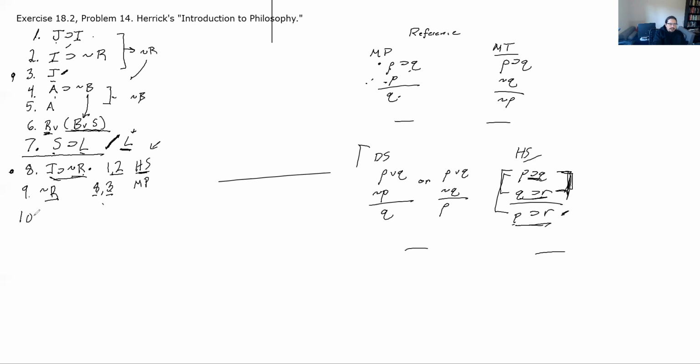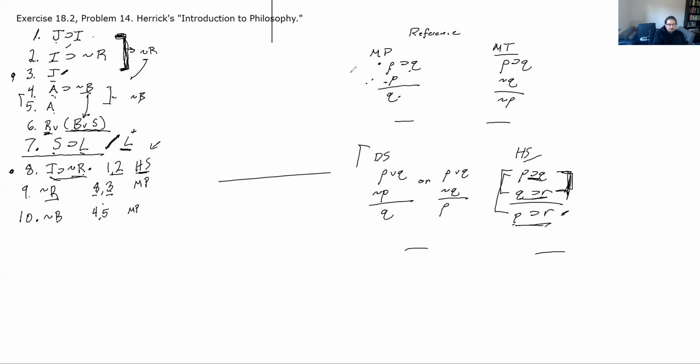Moving on, 10. So we've gotten to a dead end with not R. That is symbolized by guessing before that this was a chunk that leads us to not R. Now we'll start again from line 4. If A is true, then not B is true. A is true, therefore not B. So we can put not B right there. And that is from line 4, 5, Modus Ponens.